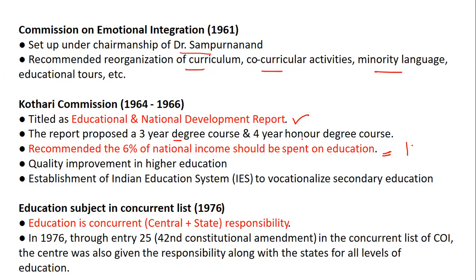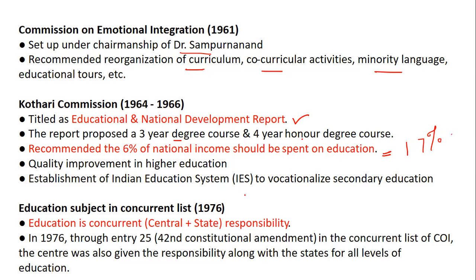Even in the new education policy, we saw the 1.7% got increased to 6% of GDP, right? Yes, the Kothari Commission was the one which emphasized quality improvement and establishment of a new education system to vocationalize secondary education, right?